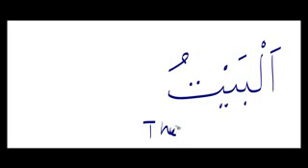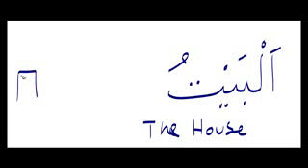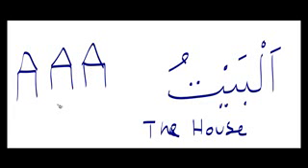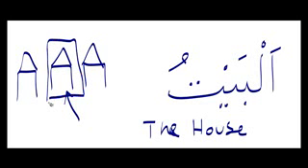Now when I add the alif lam and it becomes al-baytu, then I change it to the house. So if there's 3 houses and I say let's go to the house, the specific one, and the specific one means it can only be one house.